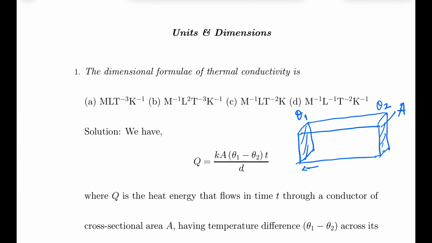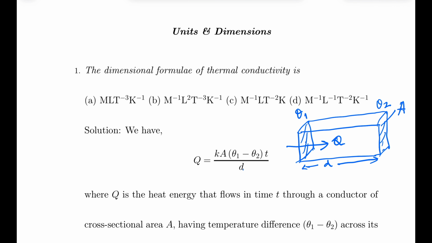Distance between these two faces is d and the heat flows in this direction, from the left face to the right face. The amount of heat that flows between two faces is q in time t.